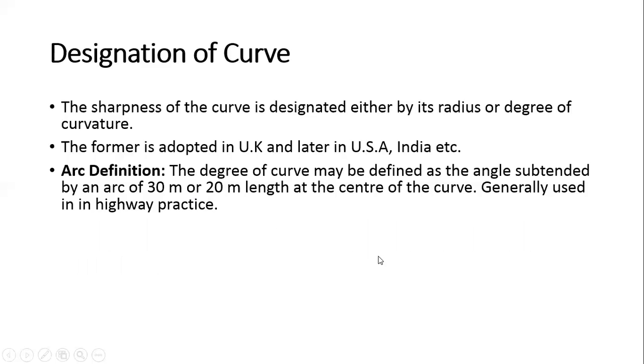The arc is 30 meter or suppose 20 meter. How much angle does this arc subtend at the center? That is called your arc definition. This arc definition is generally used in highway practice. When you are designing highway curves, we go for arc definition.